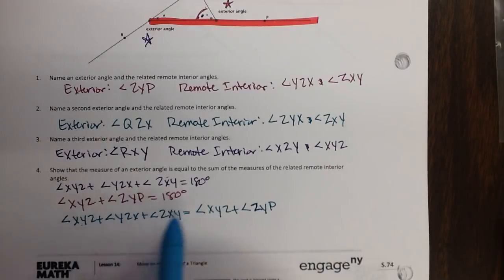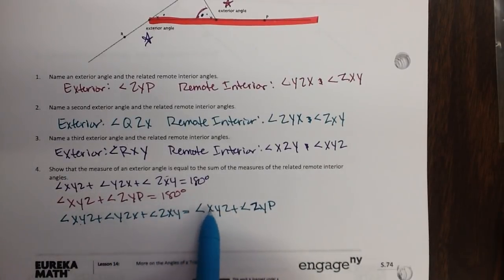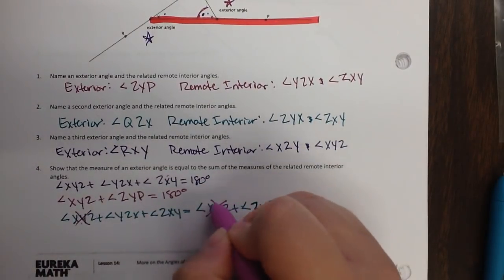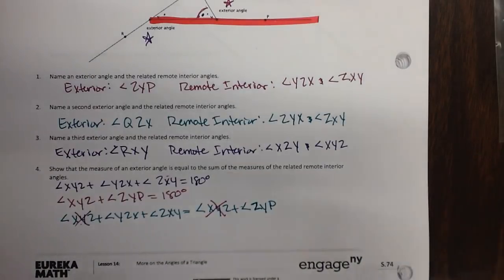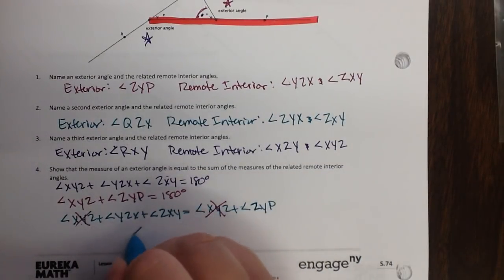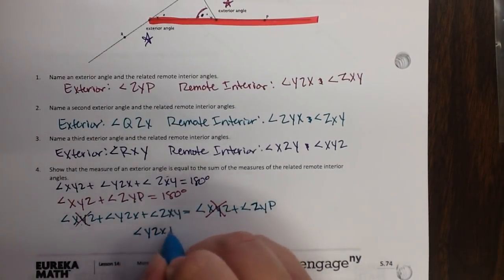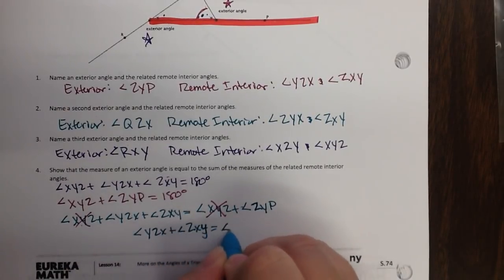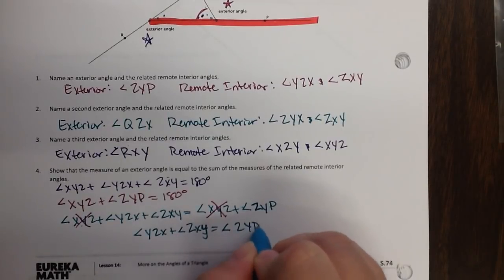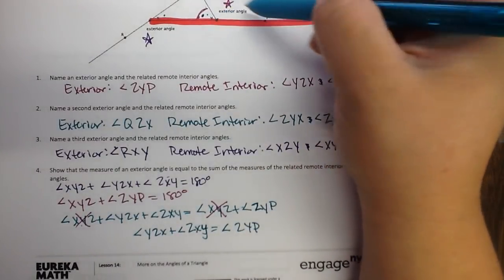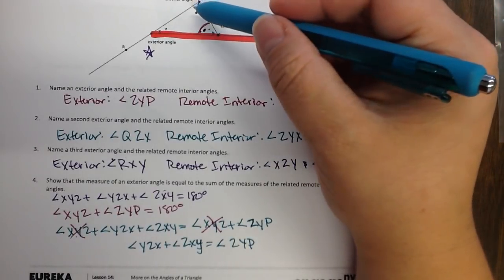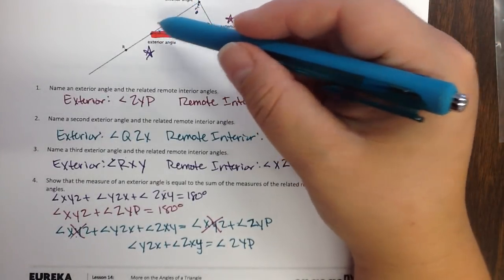Now, these are the same on both sides. Because we have them on both sides, I can go ahead and cancel them. So I have angle YZX plus angle ZXY equals angle ZYP, which is the exterior angle up here, and the other 2 are the remote interior angles.